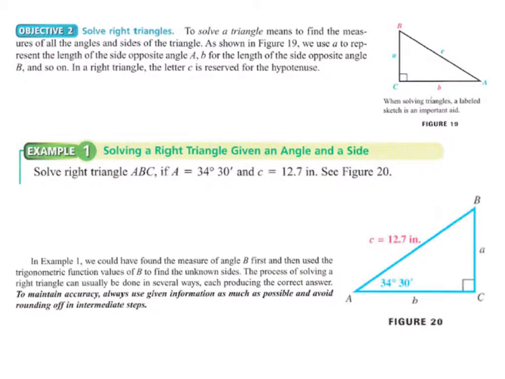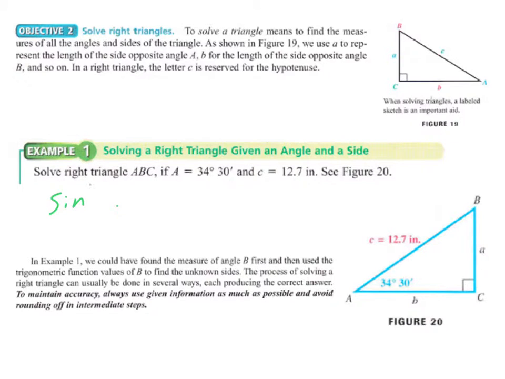Alright, so let's see what I can do here. Since I have my angle A, I can use that as the basis for my trig functions. And say, for example, I want to find the length of side A. Well, side A is opposite angle A, and I have the hypotenuse, so I can do a sine of angle A. I actually have that measurement.